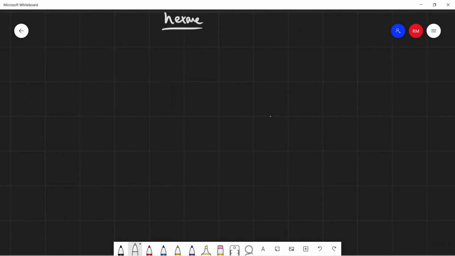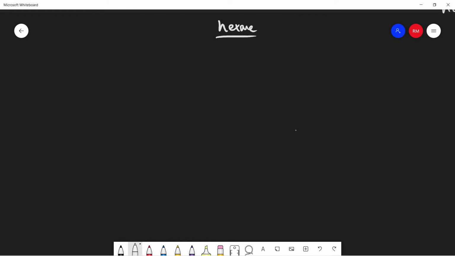So now we've seen that. How about if I give you a structural formula? CH3, CH, CH3, CH2, CH3. How about you guys try and draw it in displayed formula? So this is structural or condensed formula.